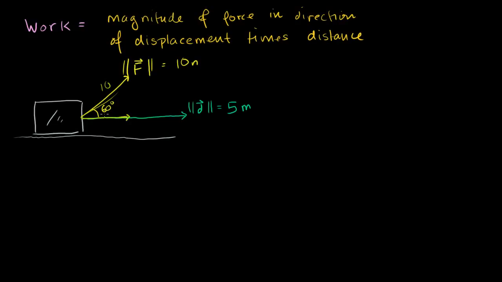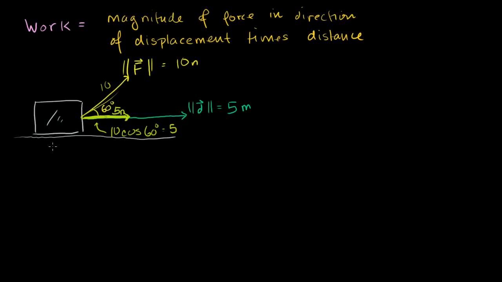And with a little simple trigonometry, you know that this is 10 times the cosine of 60 degrees. Cosine of 60 degrees is 1/2, so that's just equal to 5. So the magnitude of the force going in the same direction of the displacement, in this case, is 5 newtons.